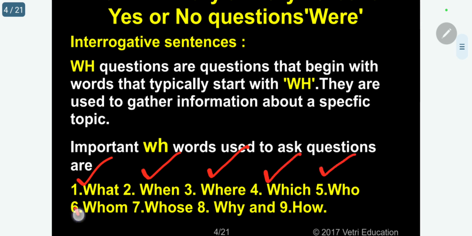Who, 6. Whom, 7. Whose, 8. Why, and 9. How. Among the 9 WH words, only in how the letters are interchanged. That means in all the other cases the first letter is W and the second letter is H, but in this case H comes first and W comes last. That is the only difference.